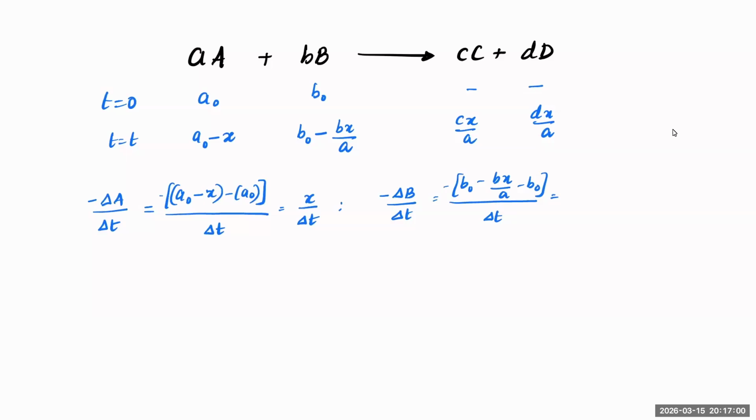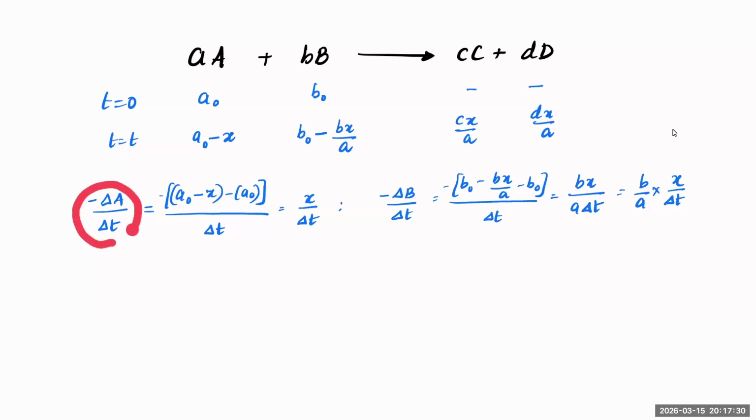Now, in that case, B naught gets cancelled. So what we have here is bX by a into delta t, which is equal to b by a times X by delta t. Correct.